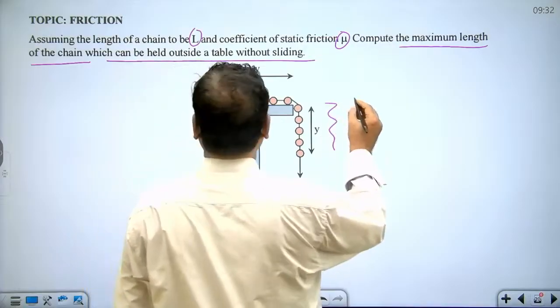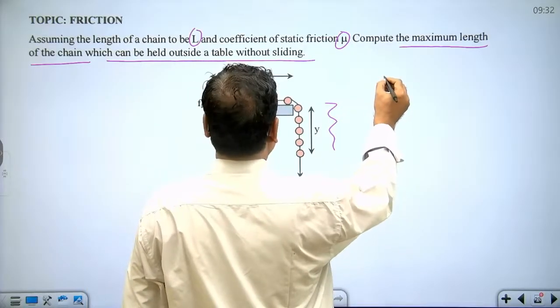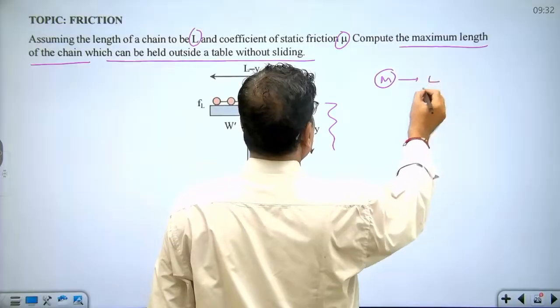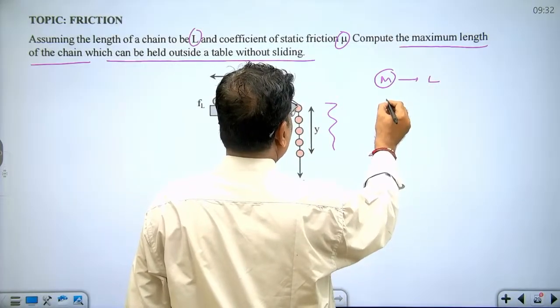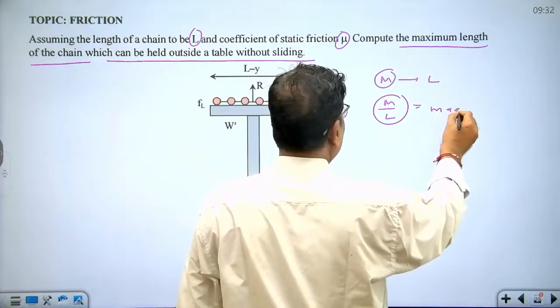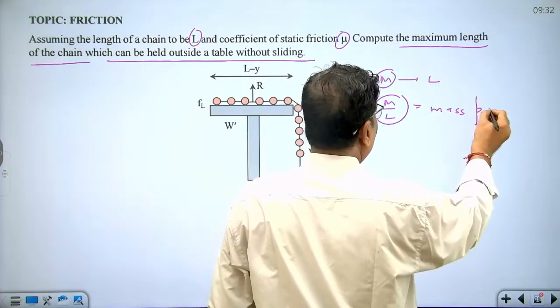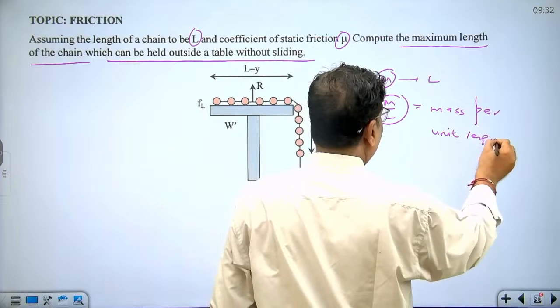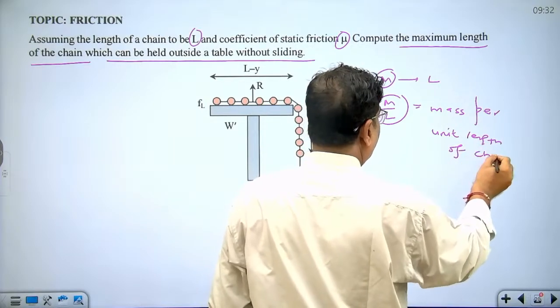Okay, so let us assume the total mass of the chain is m of length L. So mass per unit length is how much? m upon L. This is the mass per unit length of the chain.